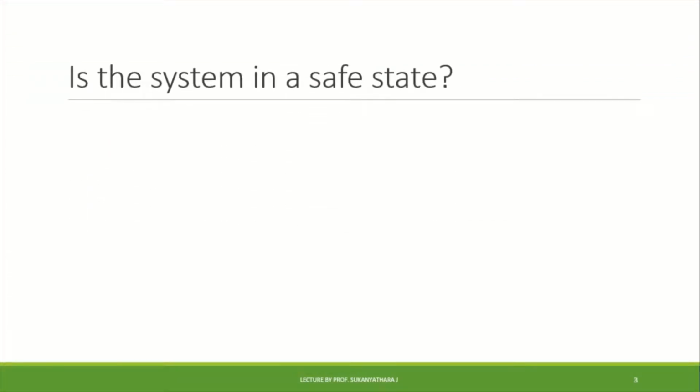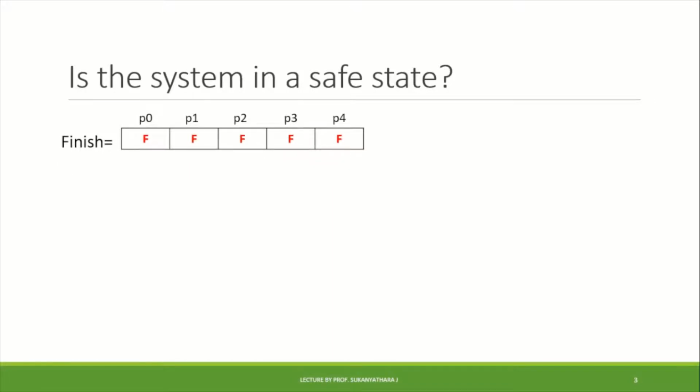Now let us see how the Banker's algorithm verifies whether the system is in a safe state. Consider we are using a vector called finish. It shows the value false if the process hasn't completed execution, otherwise true.